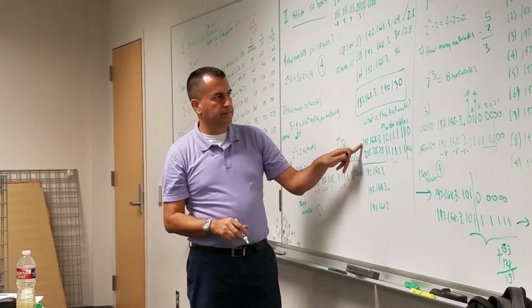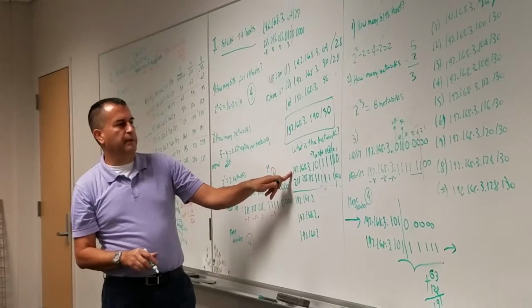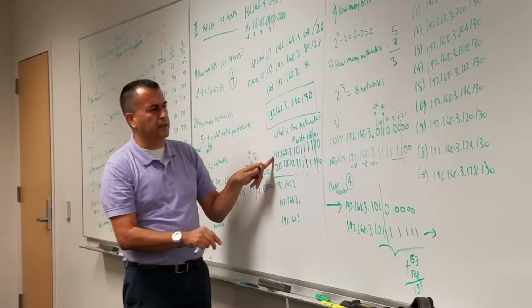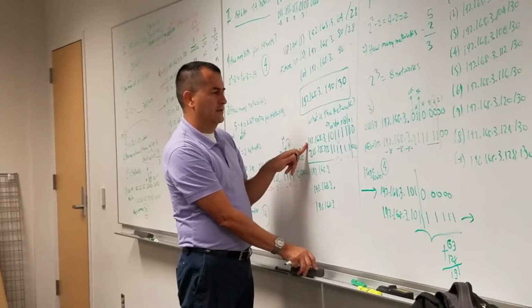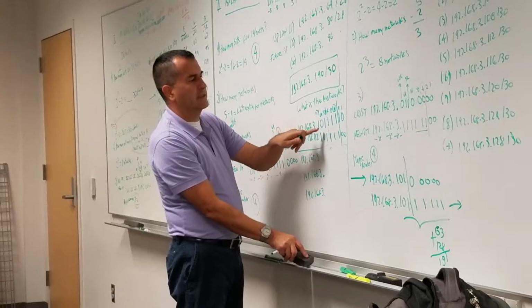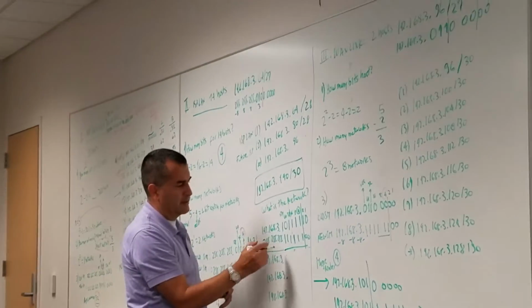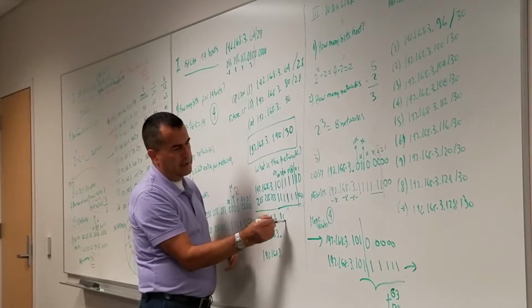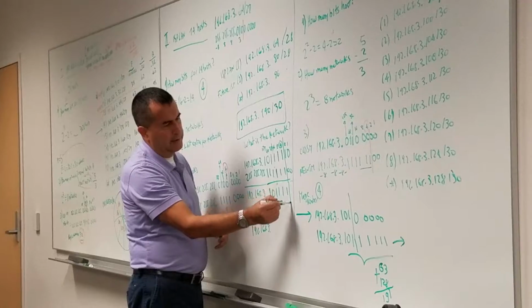Network ID. 190 is going to be 190, right? Yeah, that's the number. Now we're going to AND. So the AND is going to be 1 over here, 0, 1, 1, 1, 1, and then 0, 0.